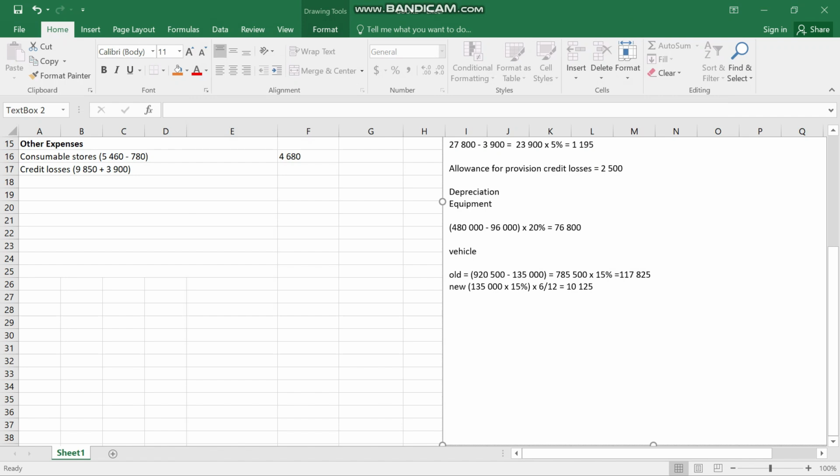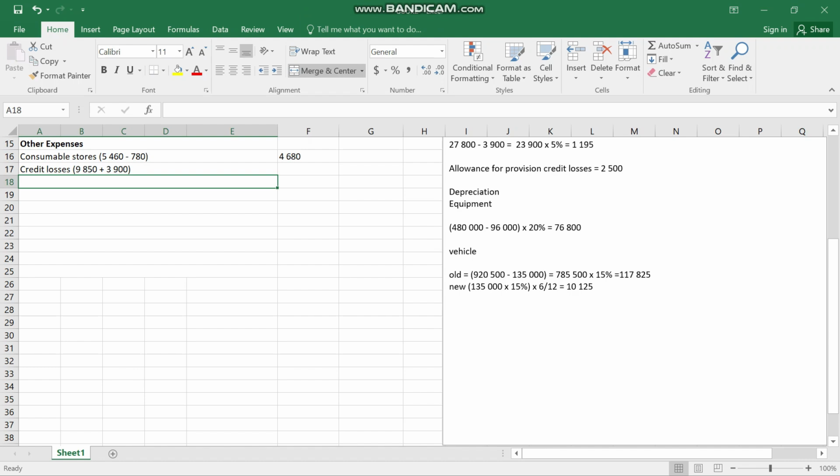So we have 3 depreciations: equipment, vehicle old, vehicle new. You go into your income statement and say depreciation: old equipment, 76,800.